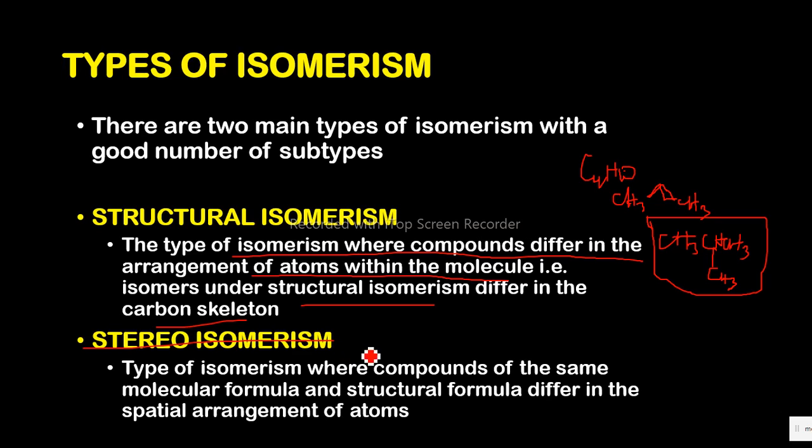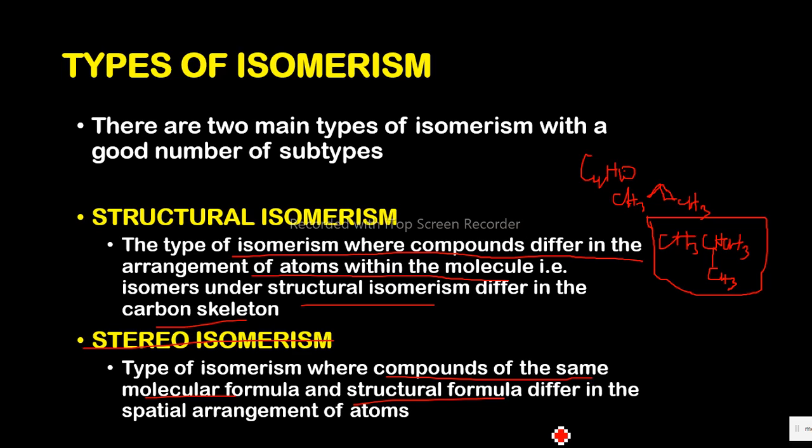Now here, the isomers have the same molecular formula and the same structural formula, but how these atoms are arranged in space, the spatial arrangement of atoms in a compound, is what differs. It is what creates the difference.